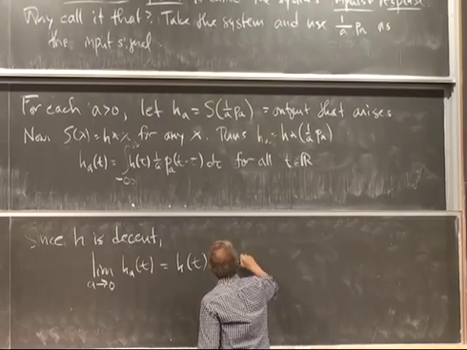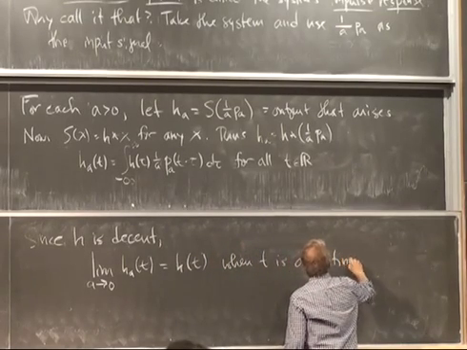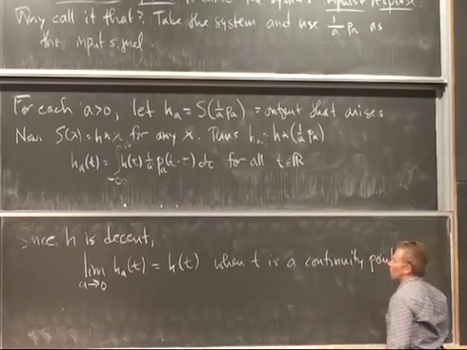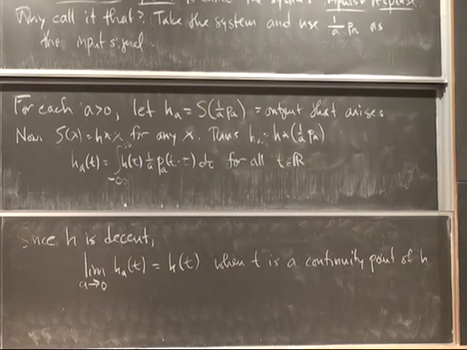At least when t is a continuity point of h. And when t is not a continuity point of h, when it's a jump time, we don't care really what the value of it is.